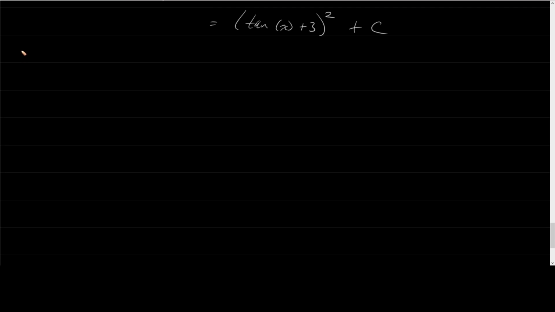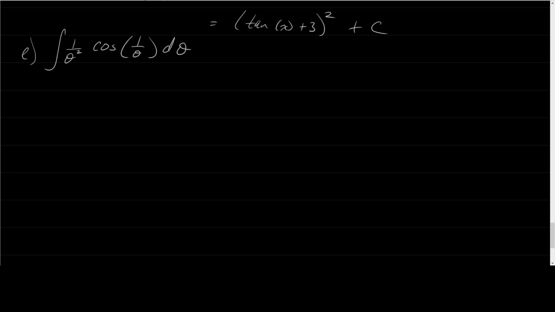Let's say that I had the integral of 1 over theta times, 1 over theta squared times cosine of 1 over theta d theta, right? So again, I'm going to make a substitution here. And what I really want to look at is which part of this has a derivative somewhere else.